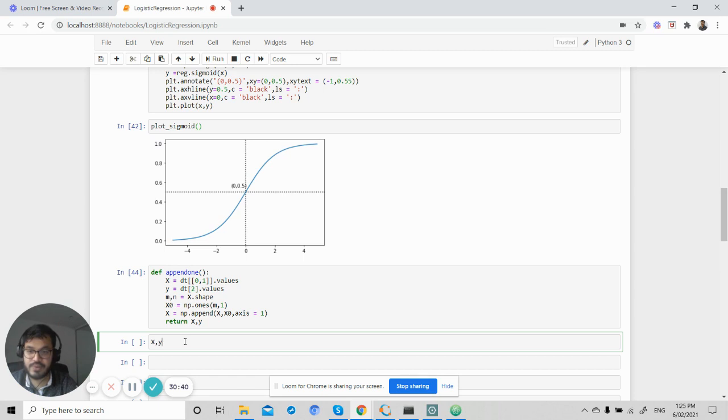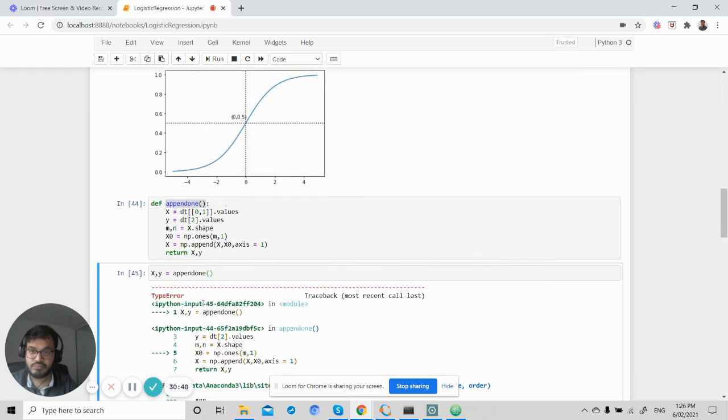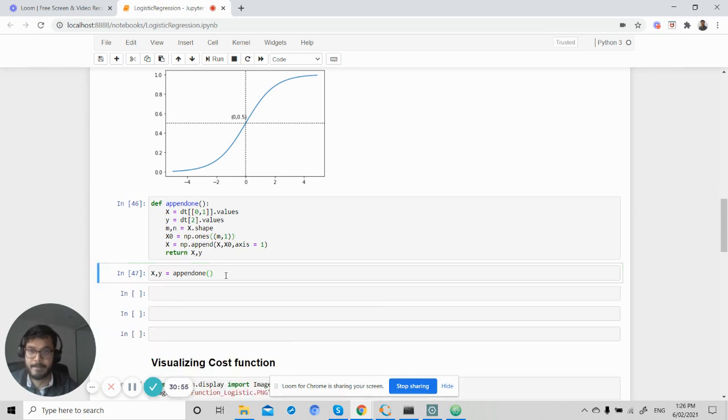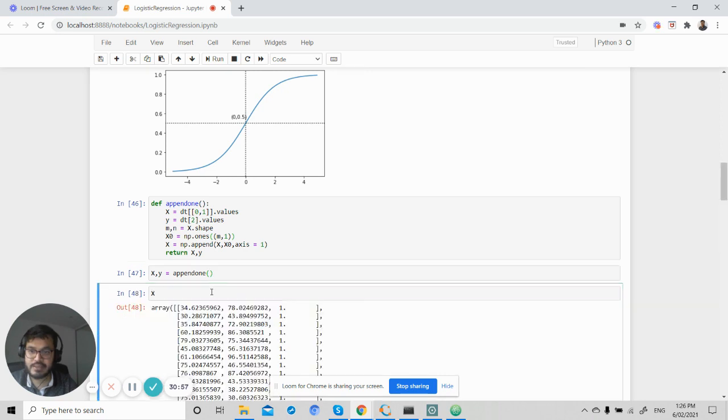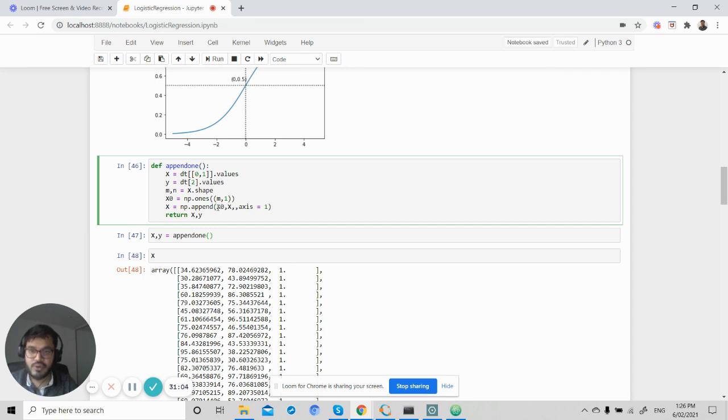So my x comma y will be this. Bracket is missing here. So now if we look at x, it's been appended on the last column.